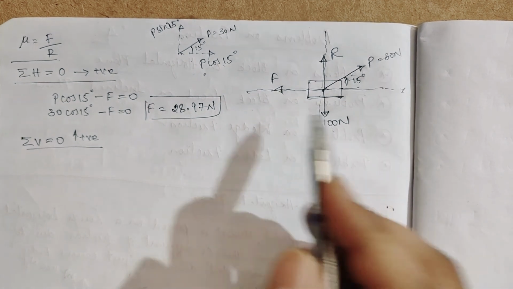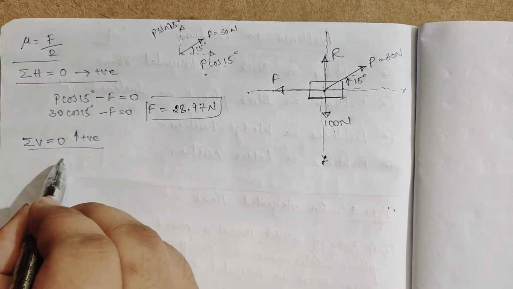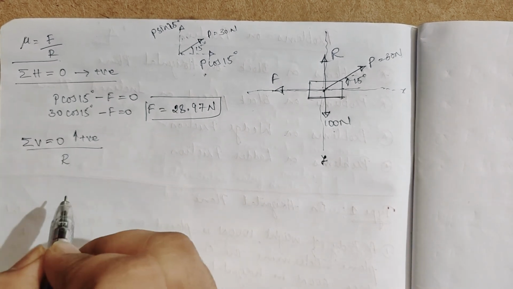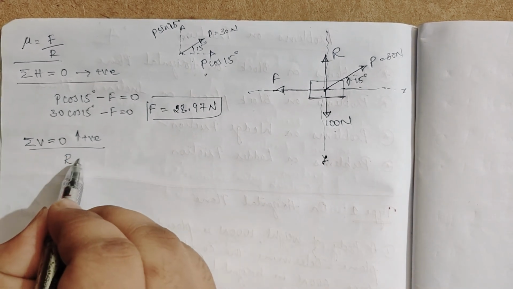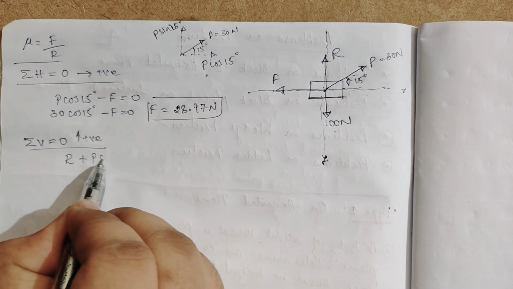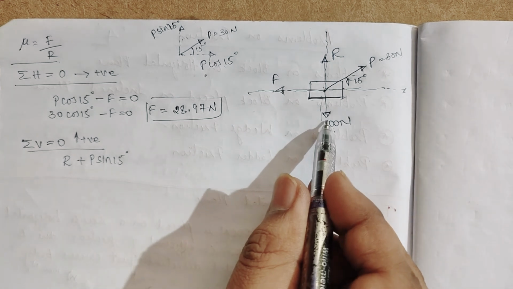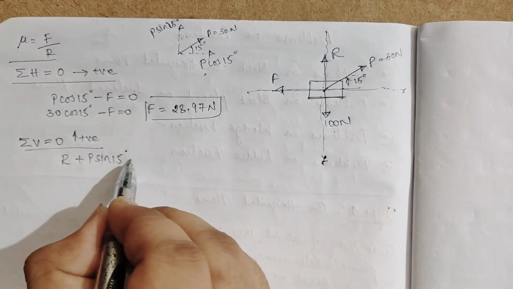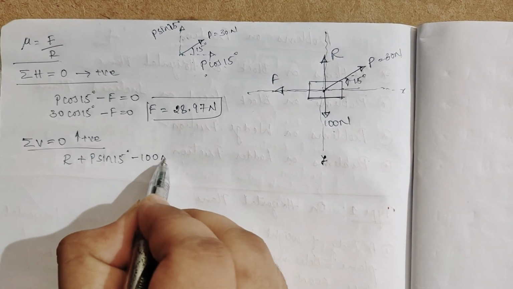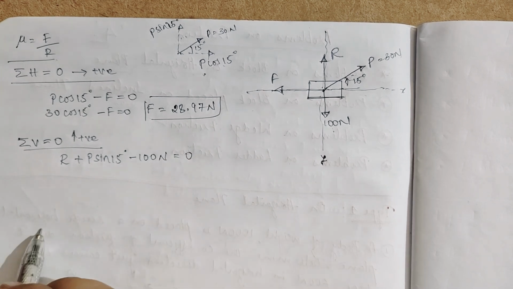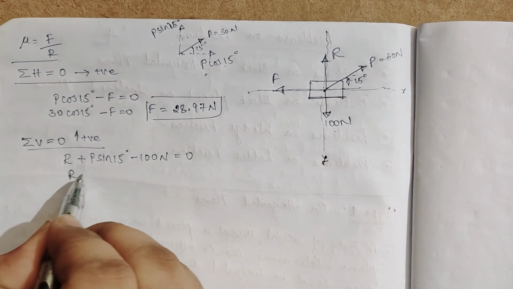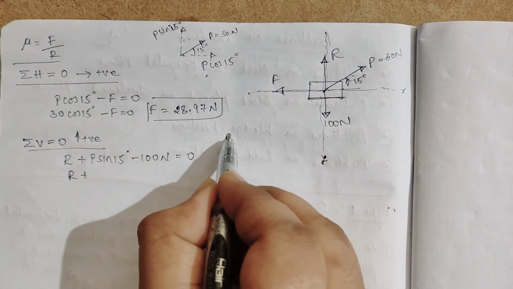So I'll take the positive ones first, R. This R plus P sin 15 degree, then 100 Newton which is in the downward direction, minus 100 Newton is equal to 0. Now, we know the P value. What is the P value? 30 Newton.